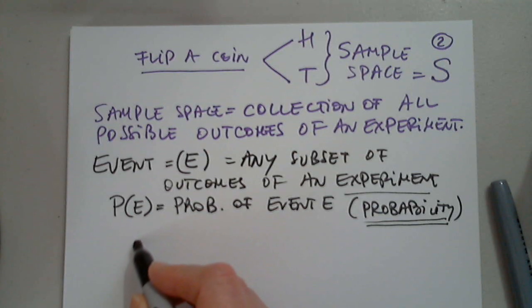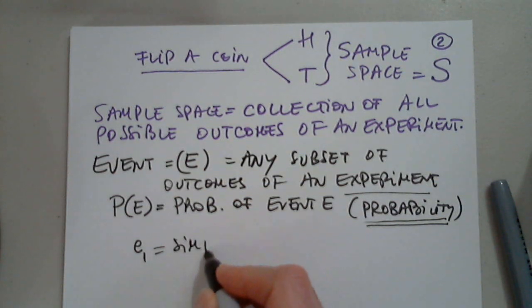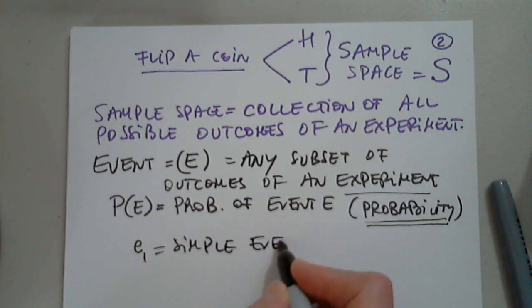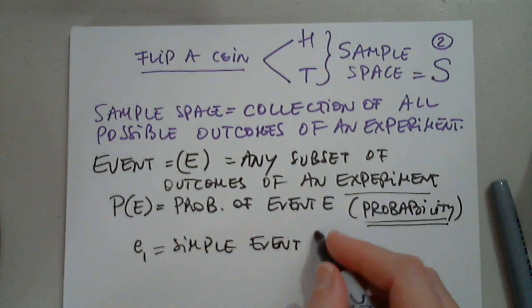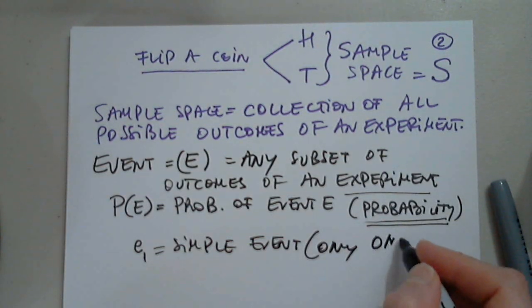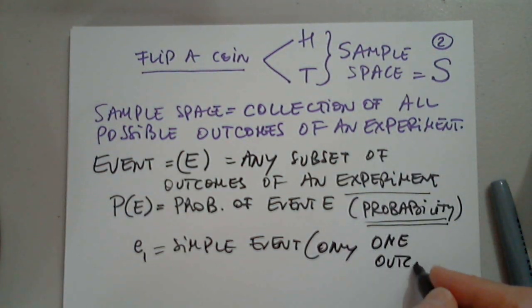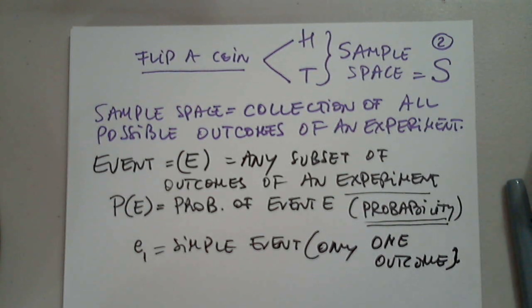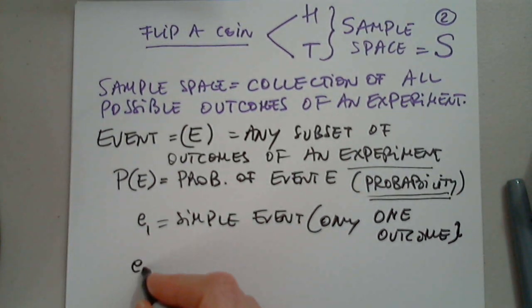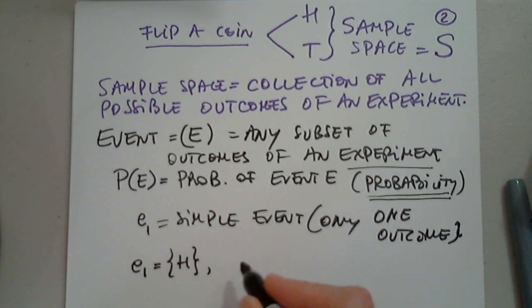If we want to denote just a simple event, let's say event 1, just one outcome, then E1 is basically just getting heads.